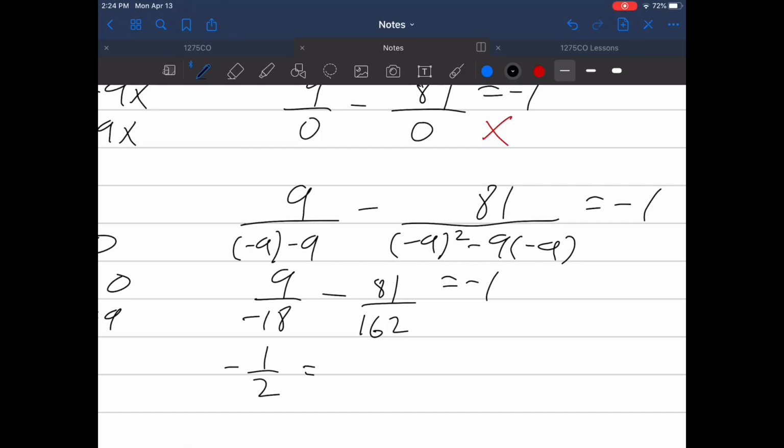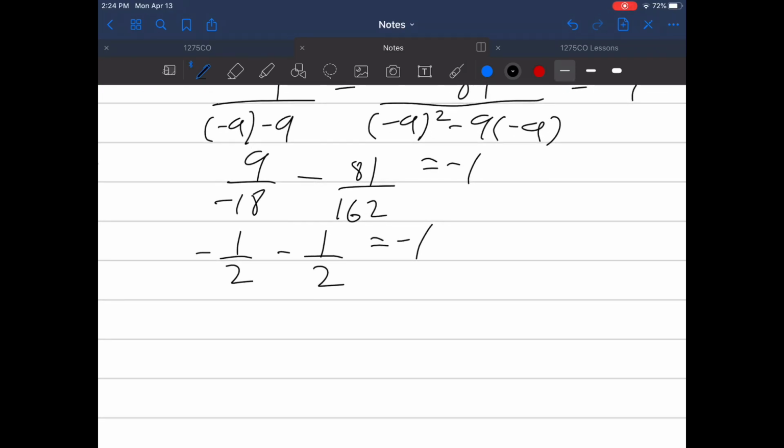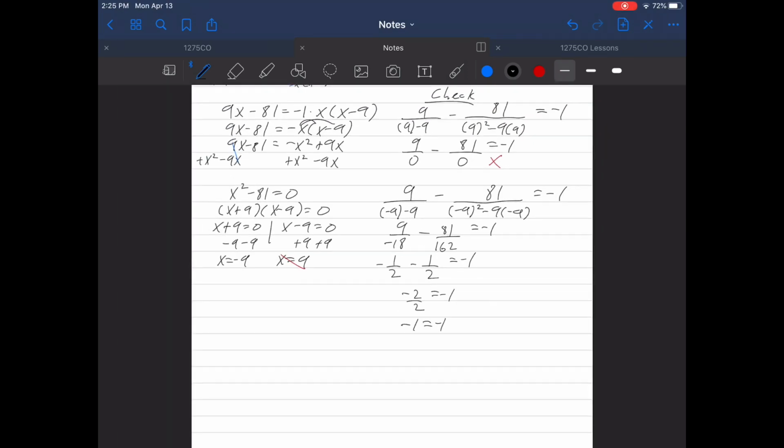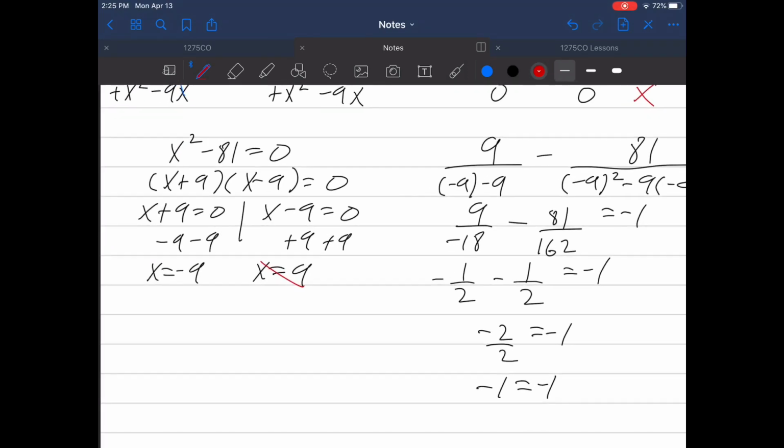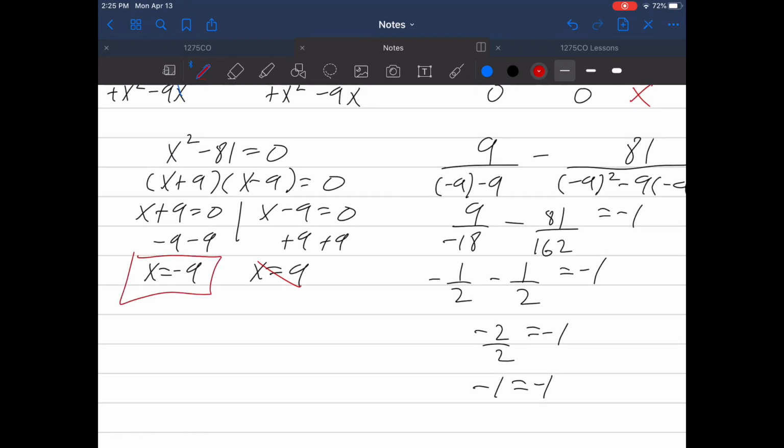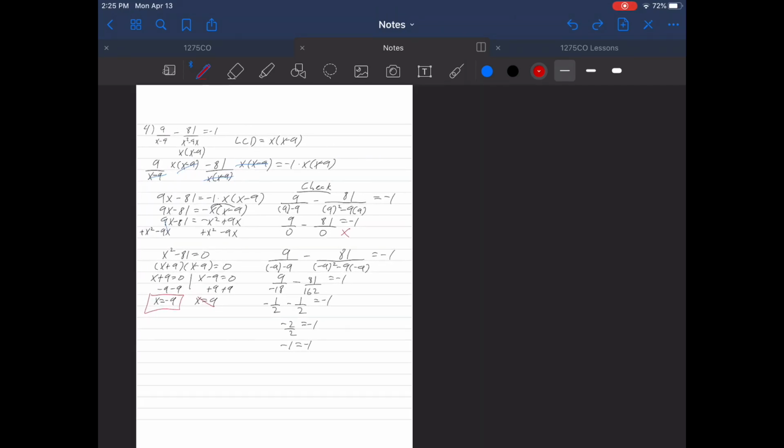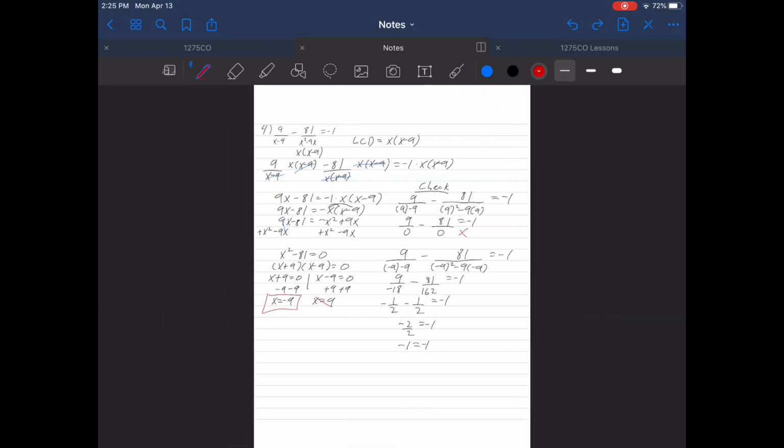So let's see, this can reduce to negative 1 over 2. 81 over 162 also reduces to 1 over 2. So negative 1/2 minus 1/2 is going to add up to negative 2 over 2, which is equal to negative 1. And negative 1 on the left and right side are the same. So this answer of x equals negative 9 works, and x equals 9, positive 9 did not.